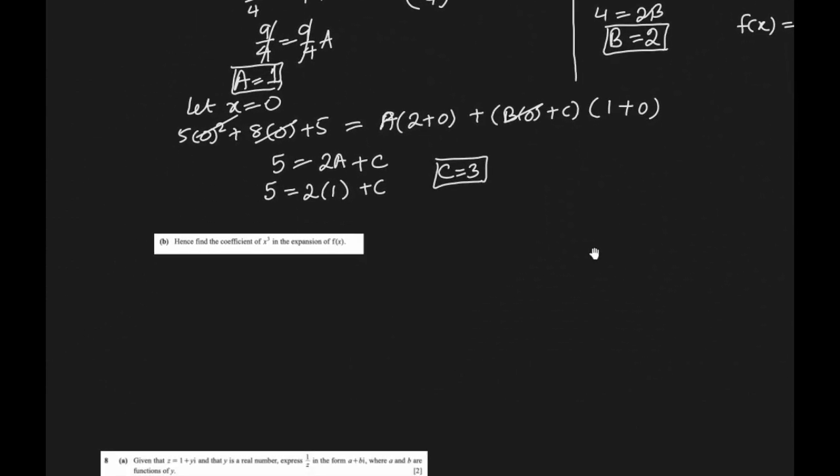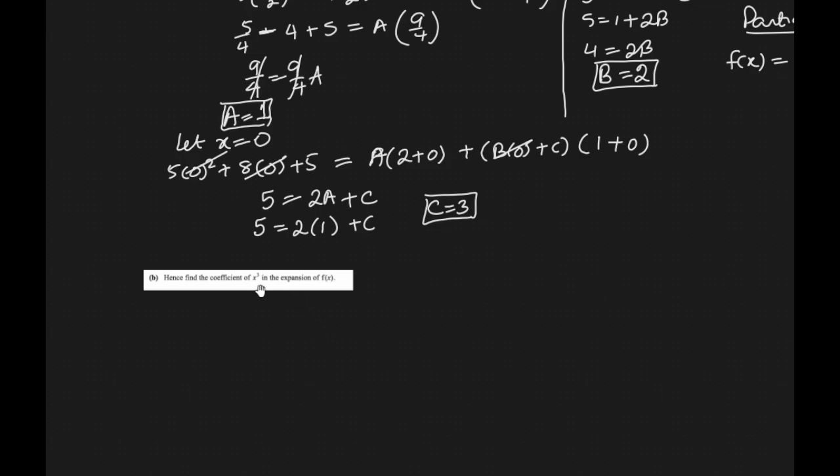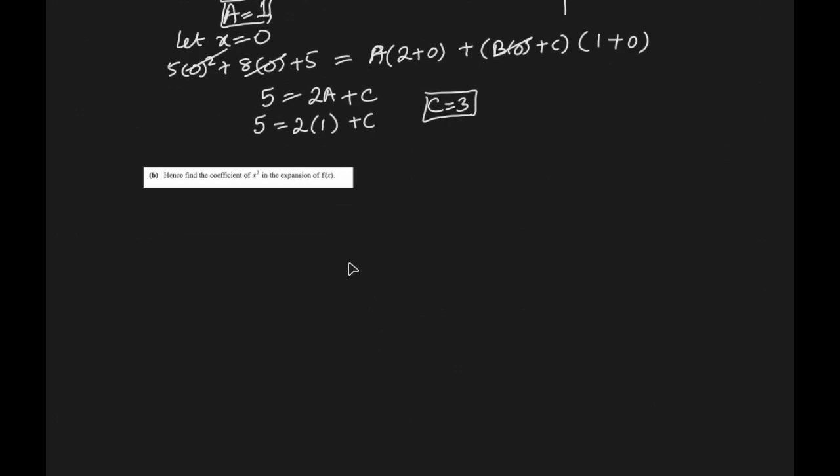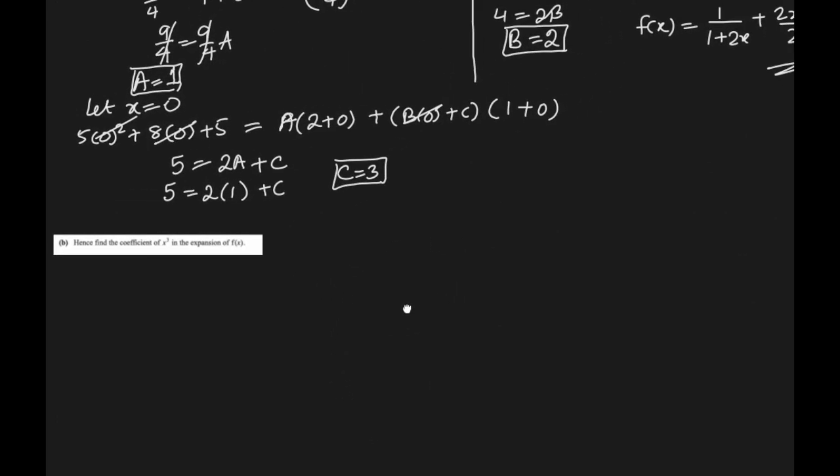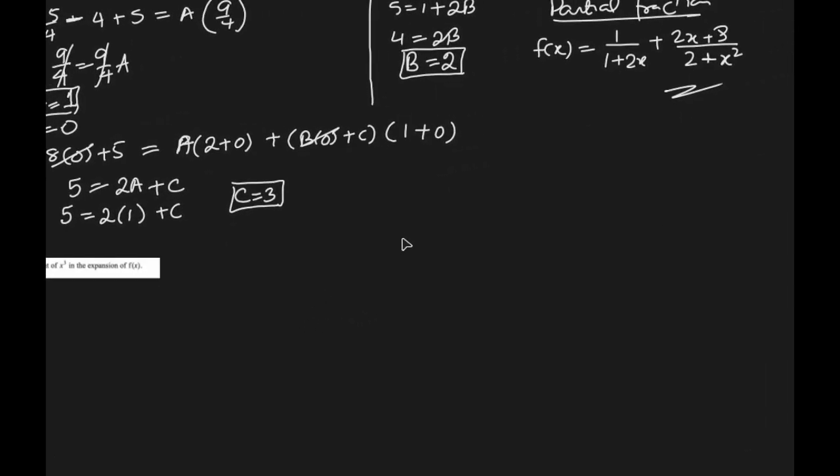Alright, hence find the coefficient of x cube in the expansion of f(x). So let's do that. So where is our partial fraction? Is this one. We can rewrite this. So we have to write the coefficient of x cube only, and that makes our job easy. We don't have to expand everything.